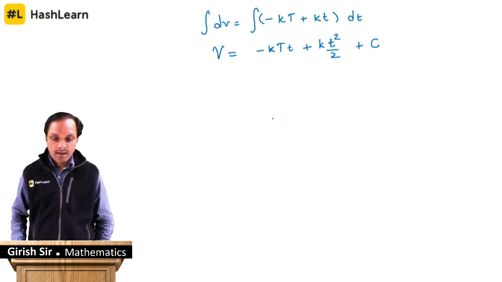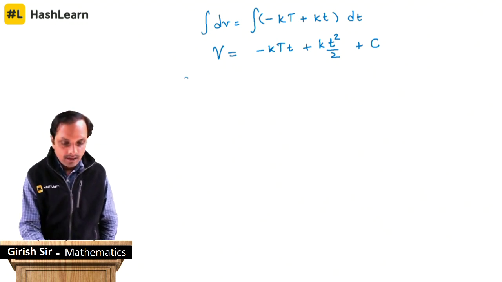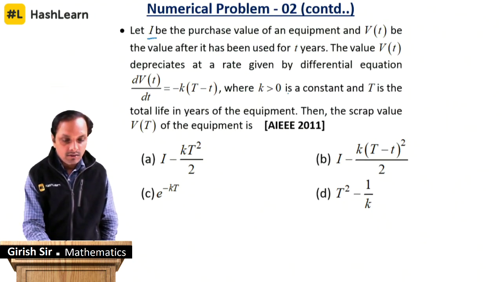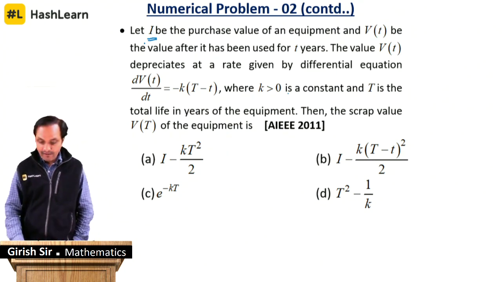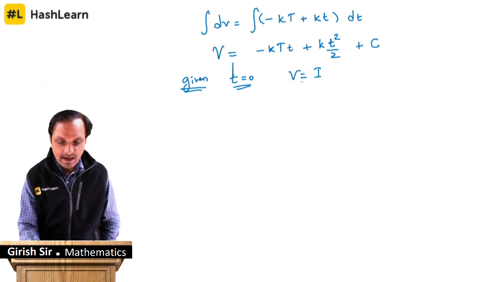Okay, so you know that given starting time will be 0, when you purchase the equipment your value, t will be 0 and value is given as I, v is given as capital I.